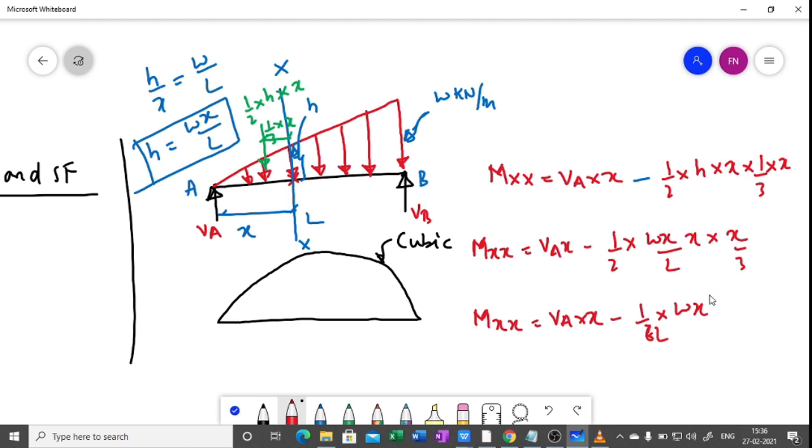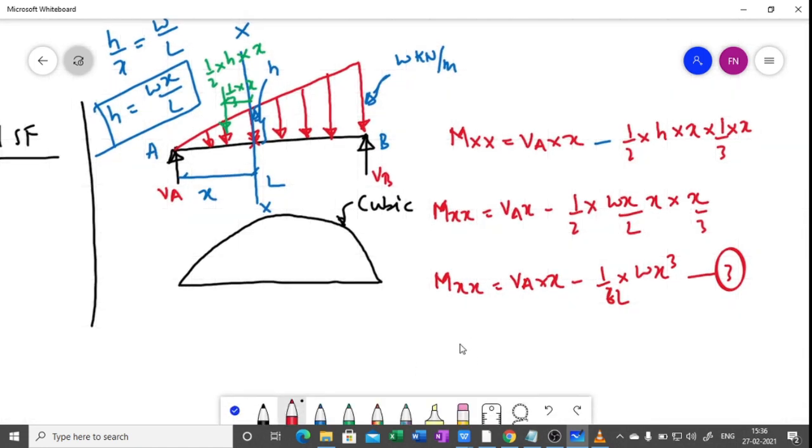This is equation number 3. Now in equation number 3, the maximum degree of x is 3. It indicates that this equation is a cubic equation, and the bending moment diagram that you draw will represent that equation. The nature of the bending moment diagram will be cubic.